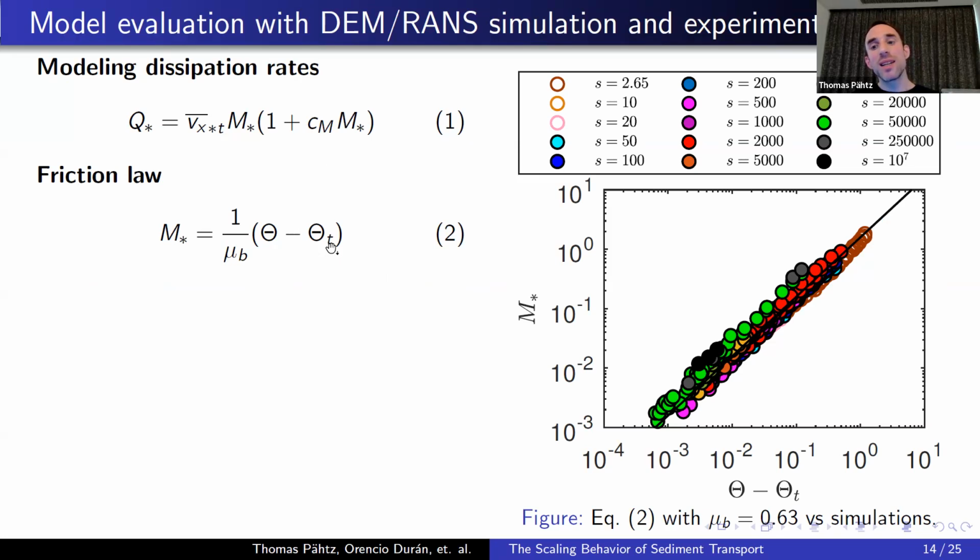So whatever the mechanism of the momentum transfer from fluid to particles, it will reduce to always approximately the same value, theta t. And the reason for that is that theta t is sort of given by the flow having to be strong enough to maintain the motion of the particles.